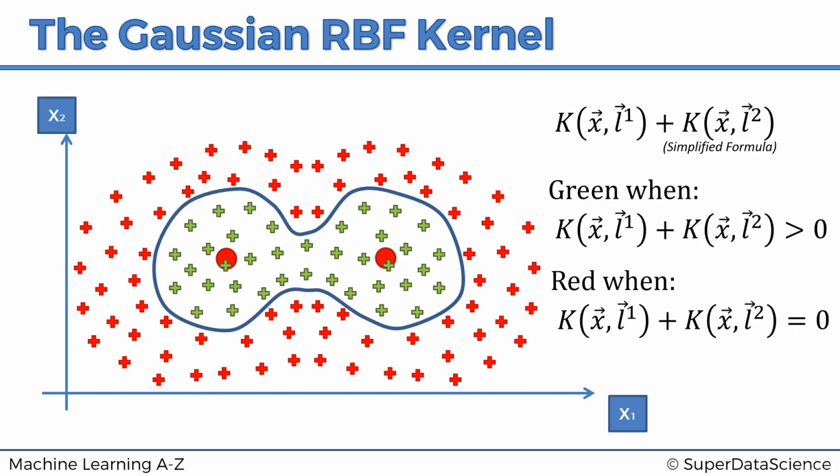The point is that we can create this non-linear, very complex decision boundary without having to go into a higher dimensional space. Everything is still happening in those same dimensions simply because we're applying the kernel functions. And that is why this method is called the kernel trick.